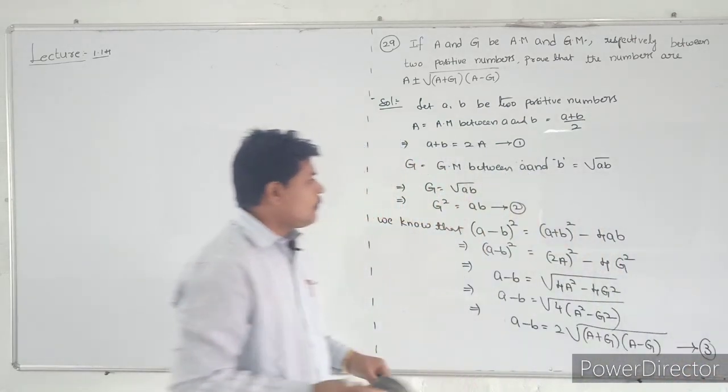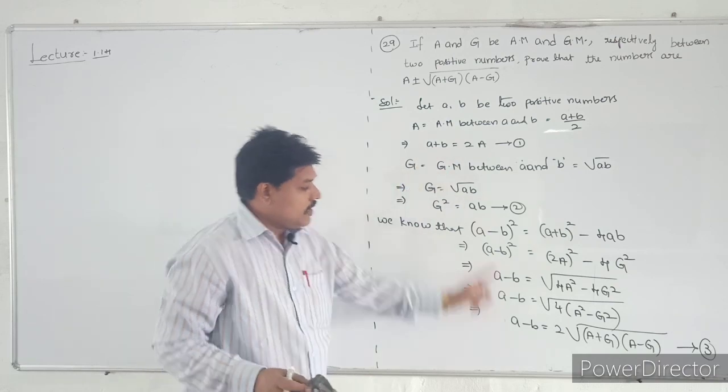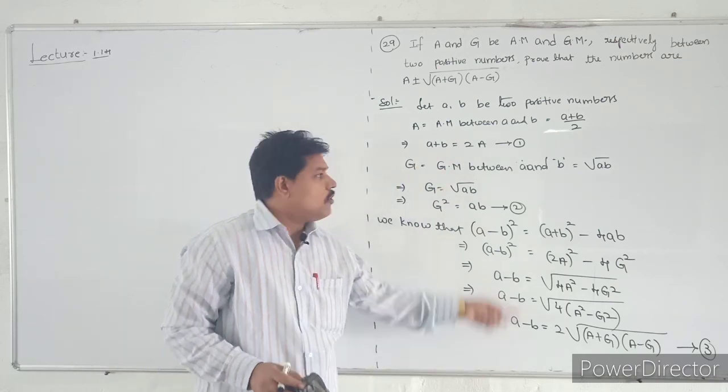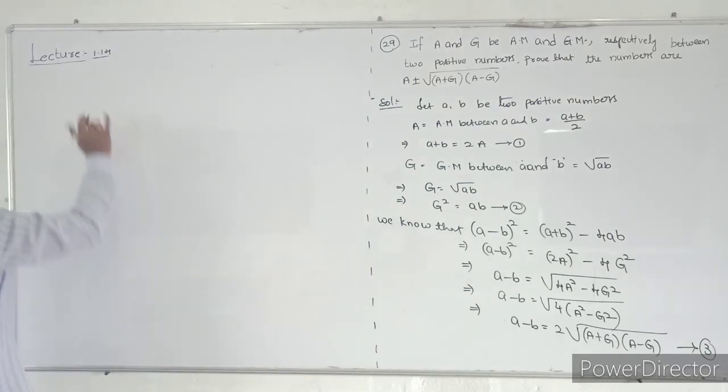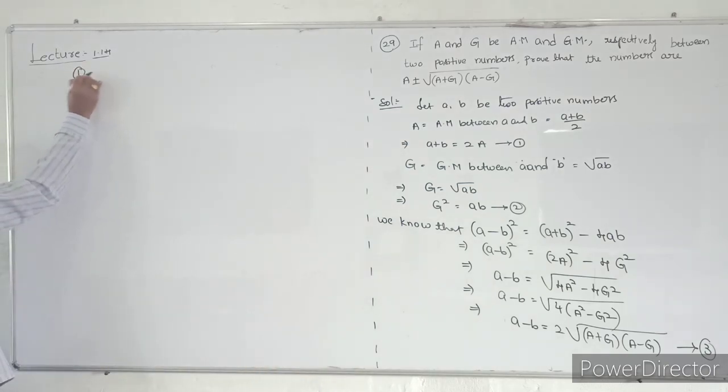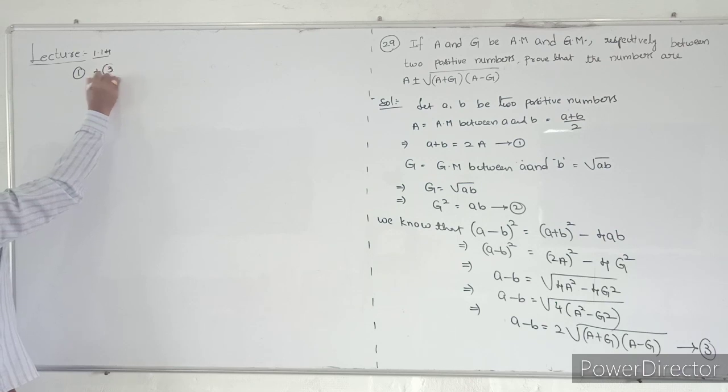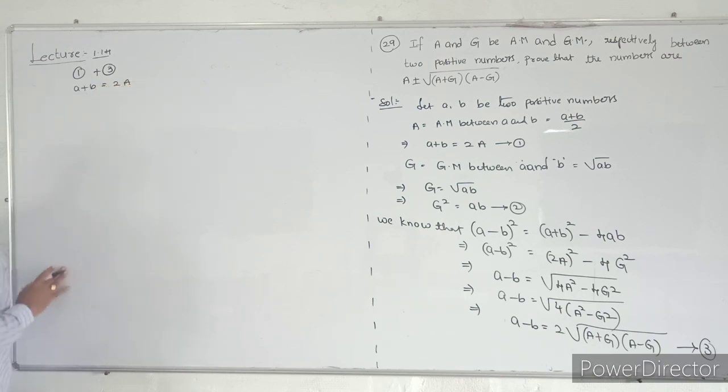So see that one. A plus B we already know, A minus B also you know. So what I will do is add 1 plus 3. What is the equation 1? That is nothing but A plus B is equal to 2A. What is the equation 3?